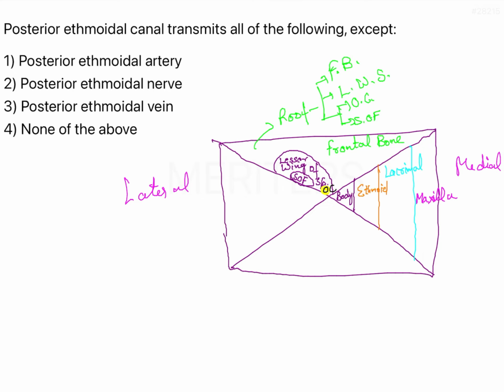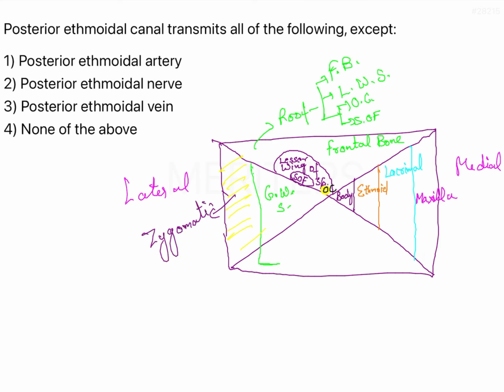Now coming to the lateral portion, this particular orbit is formed by the greater wing of sphenoid. This portion is generally formed by greater wing of sphenoid, and the lateral wall, the outer portion, this whole portion is formed by zygomatic bone.